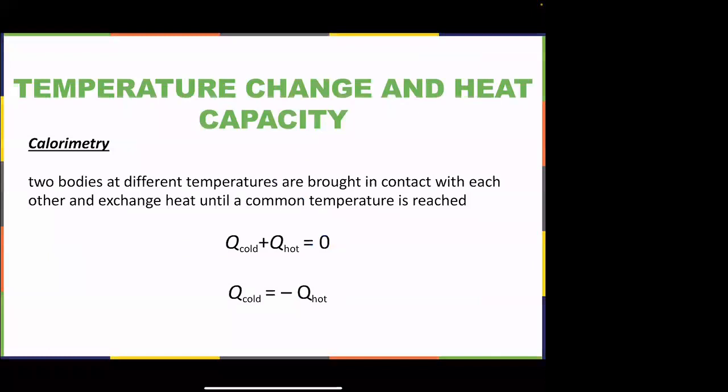Now, calorimetry is the idea of heat exchange, and the hot is going to give as much energy to the cold, or the amount of heat the cold gains is equal to the amount of heat the hot lost. So thermal equilibrium tells us that the sum of the Q's equals 0.